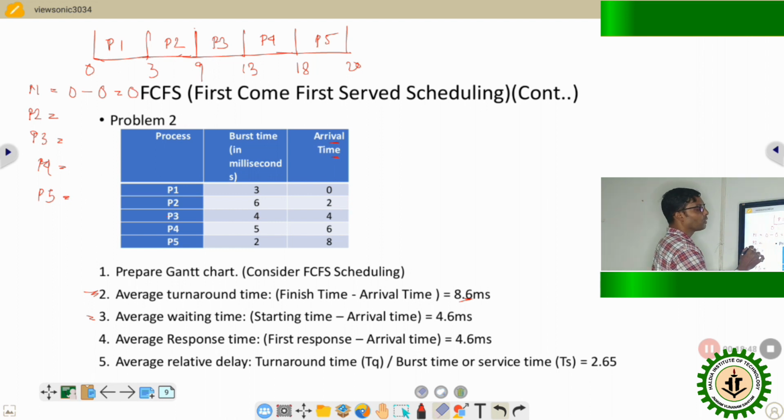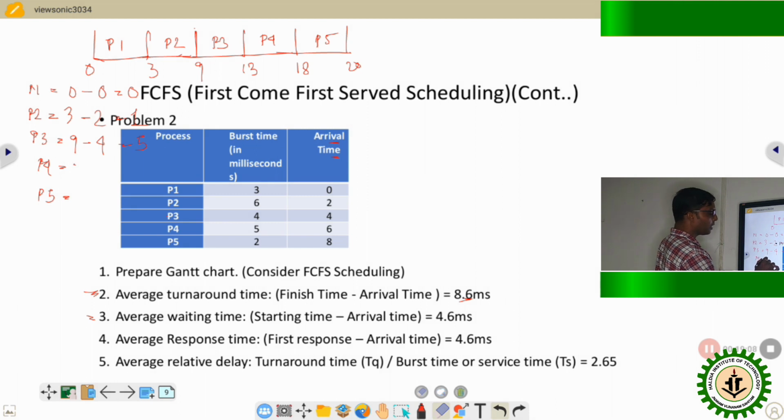For process P2, starting time is 3 and arrival time is 2, so it is 1. For process P3, starting time 9, arrival time 4, that is 5.